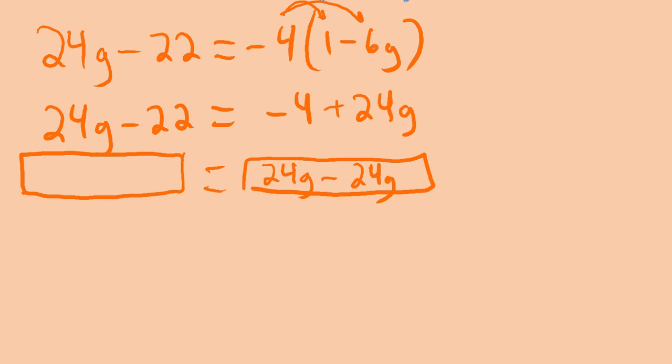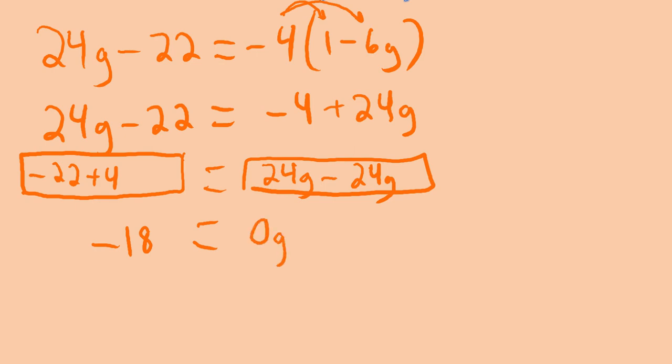Now on this side you get negative 22 and you add 4 to it and you get negative 18. So that gives you negative 18 is equal to 0G.